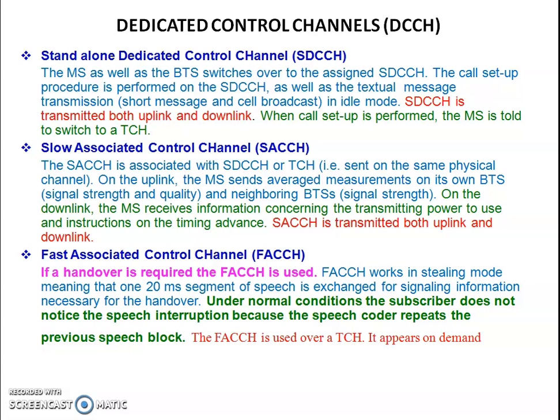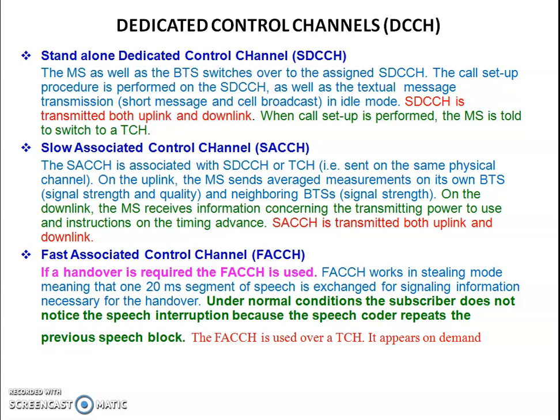On the uplink, the mobile station sends averaged measurements on its own BTS, that is signal strength and quality, and neighboring BTS signal strength. On the downlink, the mobile station receives information concerning the transmit power to use and an instruction on timing advance. This channel is transmitted both uplink and downlink.